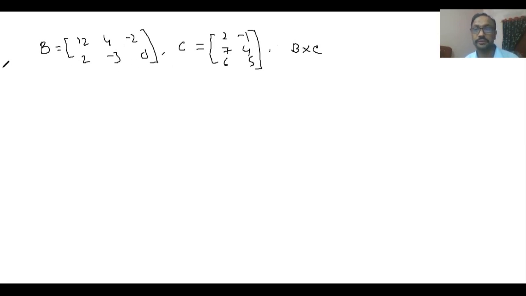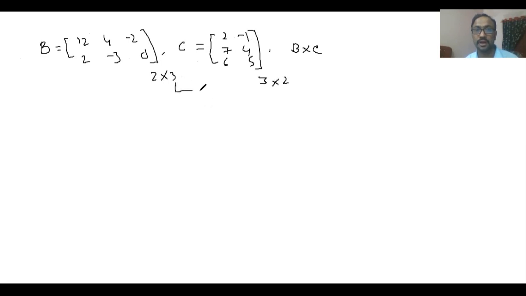So we'll check first if they can be multiplied or not. The condition for multiplication is that the number of columns of the first one should be equal to the number of rows of the second one. The order of the first one is 2 by 3, which means it has 2 rows and 3 columns. The second has 3 rows and 2 columns.